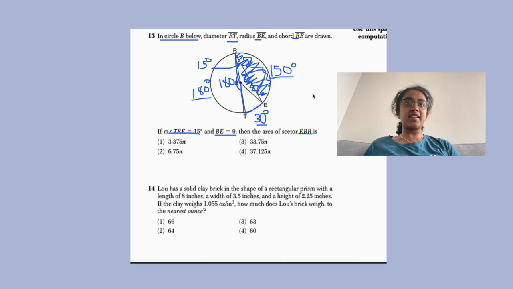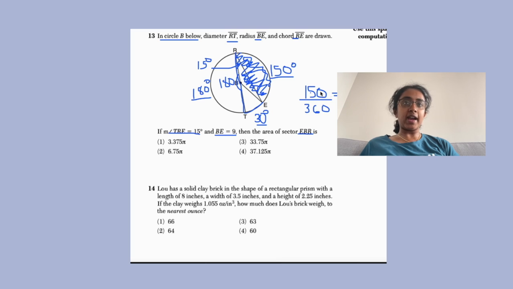We can do this by setting up a proportion. We would say, okay, 150 over 360 has to equal x, which is the variable that we're solving for, over the area of this entire circle.